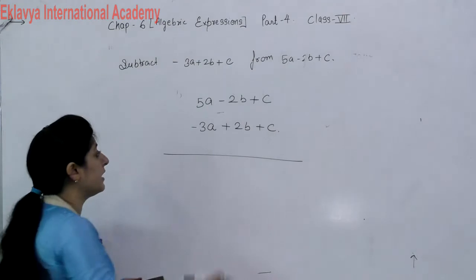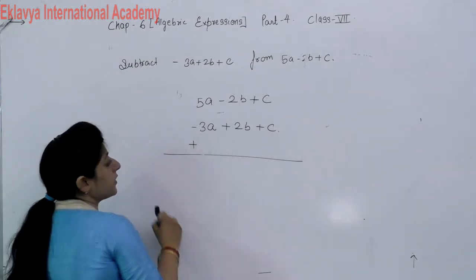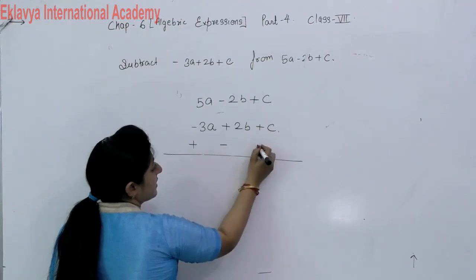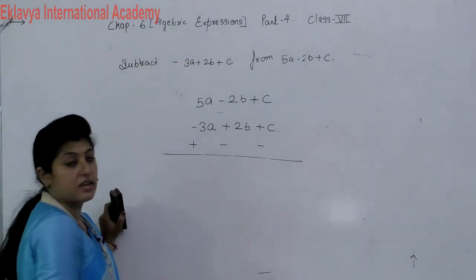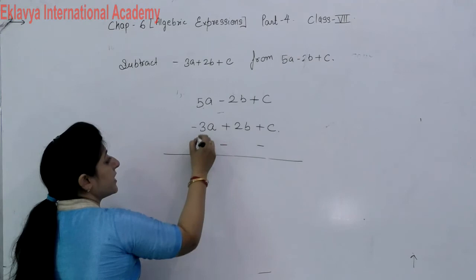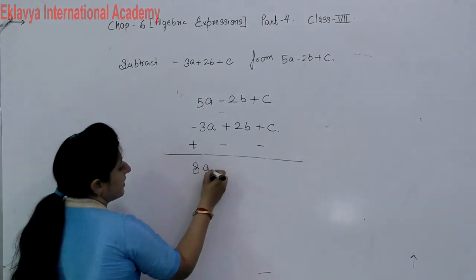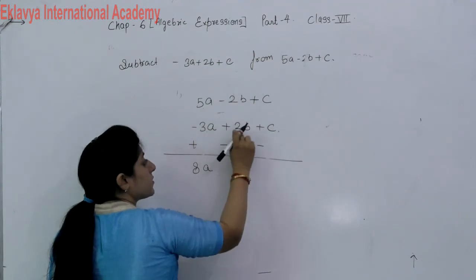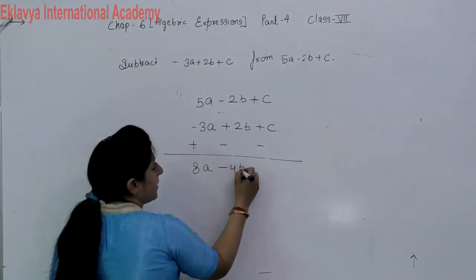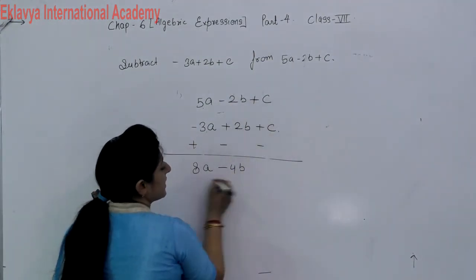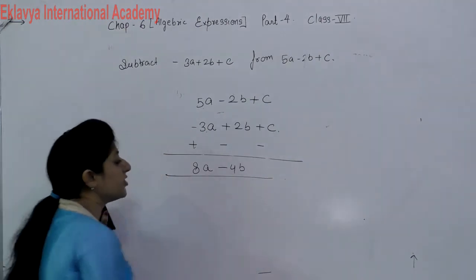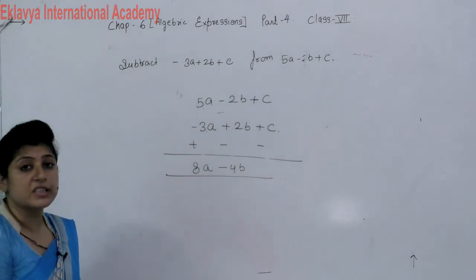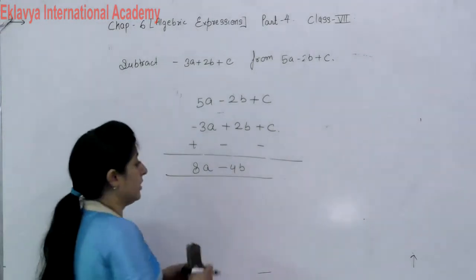Firstly change the sign: minus 3 converts into plus, plus converts into minus, here also minus. Now see 5a plus 3a, so 5 plus 3 is 8a, minus 2 minus 4b, plus c minus c cancel out. You can write down 0 or write nothing, then the answer is 8a minus 4b.